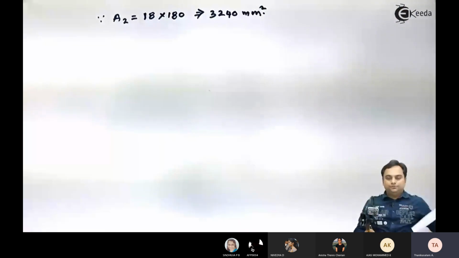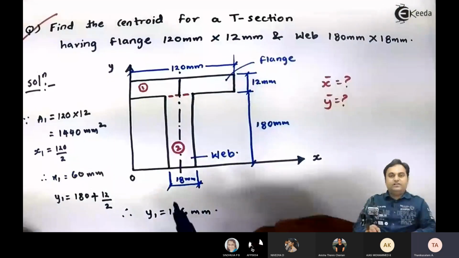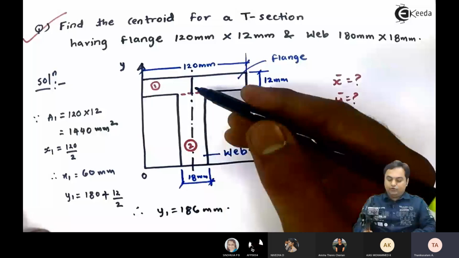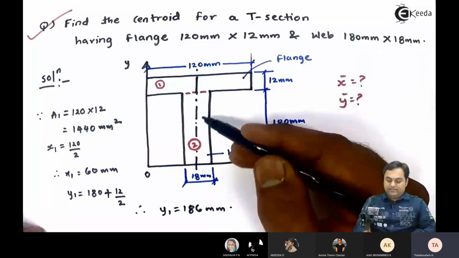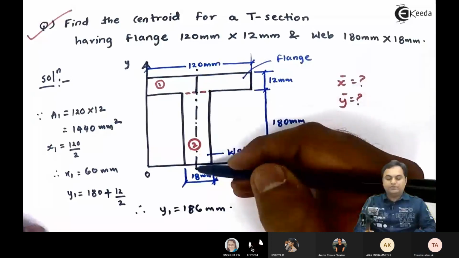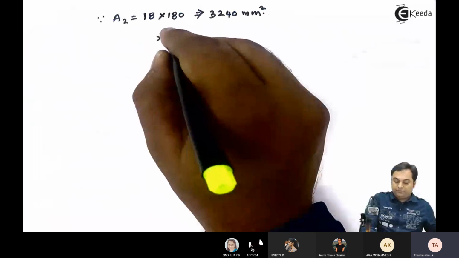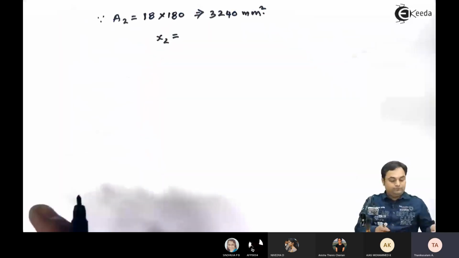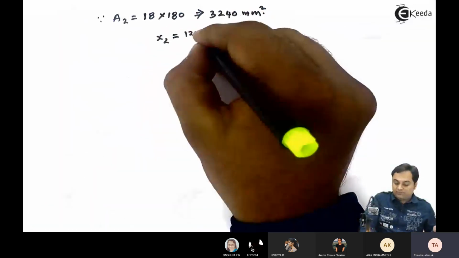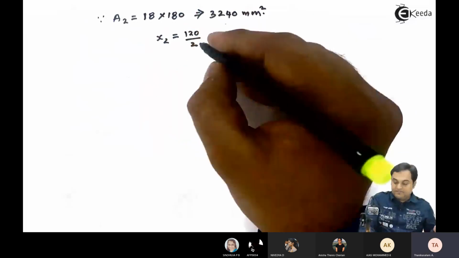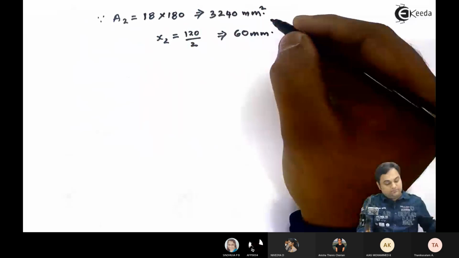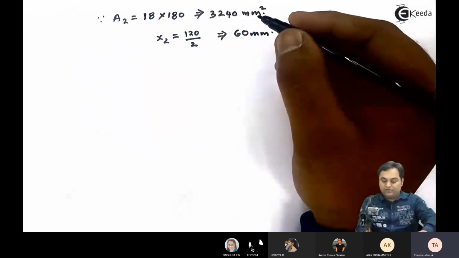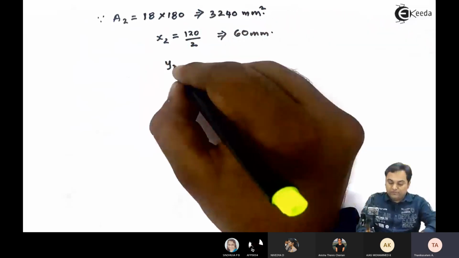Now after getting area 2, next we can calculate the values of x2 and y2.